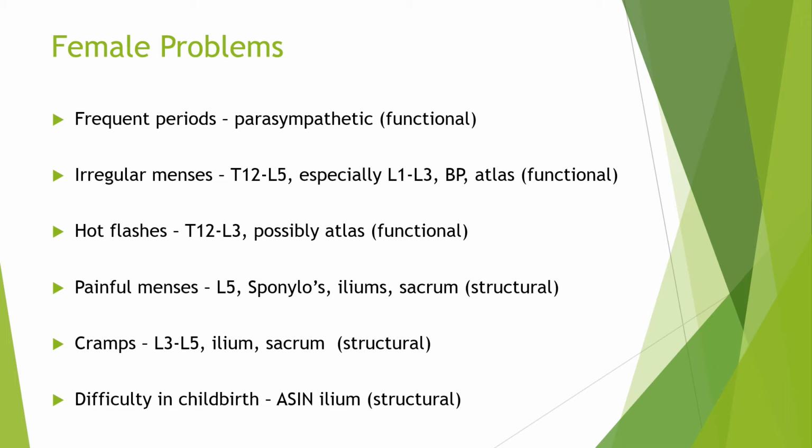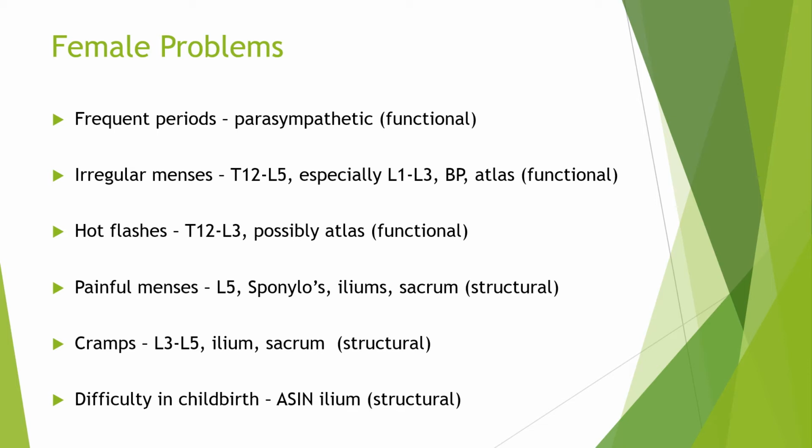Irregular menses, focus on the areas of T12 to L5, especially L1 to L3, the sacrum, and atlas. Hot flashes are typically on the hormonal side, and the T12, L1, L2 area is the direct innervation to the ovaries and hormone balance, and possibly atlas.